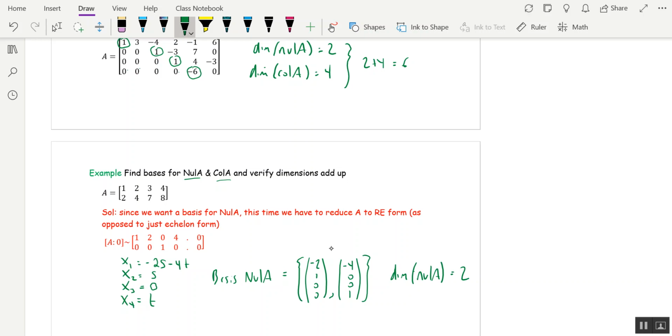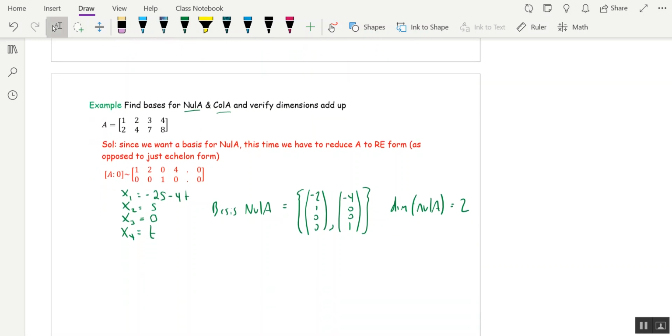Okay, for col A, this first part here is the reduced form of A, since this is A augmented with 0, and it's been reduced. I shouldn't say that it's A. Well, you know what I mean. If we take A and reduce it, the reduced A part is right here. And so I'm seeing pivot, pivot.